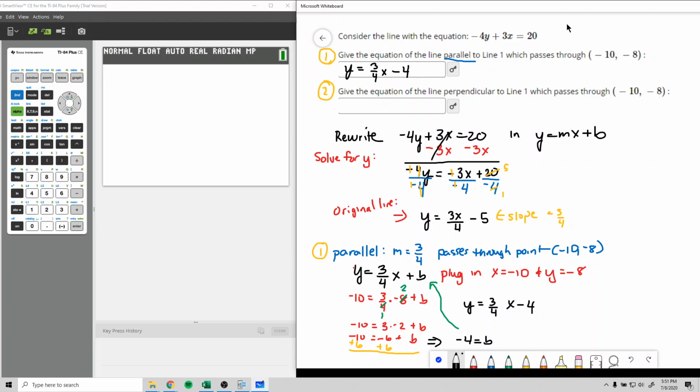Even though it doesn't look the same format, this is fine. Y equals 3/4x minus 4. You do not have to rearrange it to look like the original again.